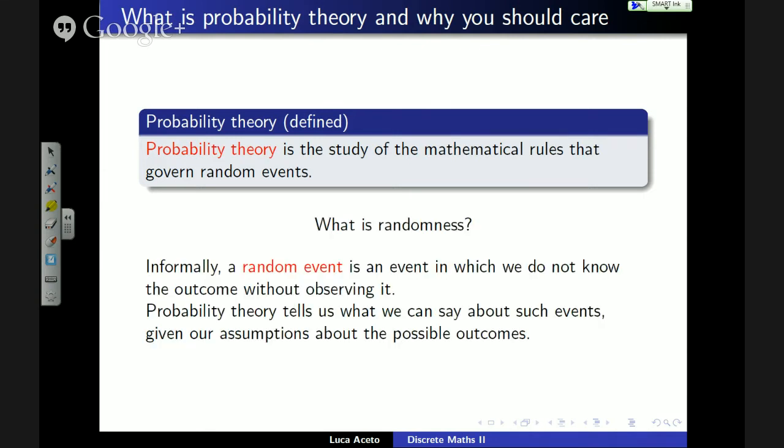Now, what is randomness is not an easy question to answer, because it's one of those things that somehow we believe we recognize a random event when we see one, just like we can tell that this is a table by looking at it. We can recognize a table when we see one. But if somebody asks you, could you define to me, please, what a table is?